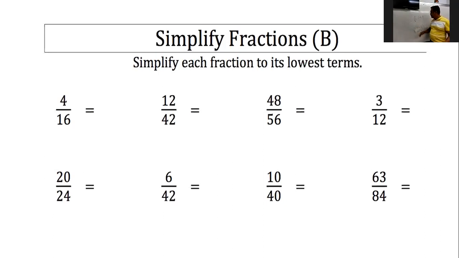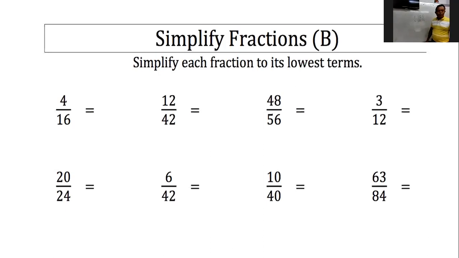Okay? Now let's have 16. Let's try 16. 1 and 8. How about 4? 4 times 4 is 16. So no more. So let's try looking for the common number. Common.